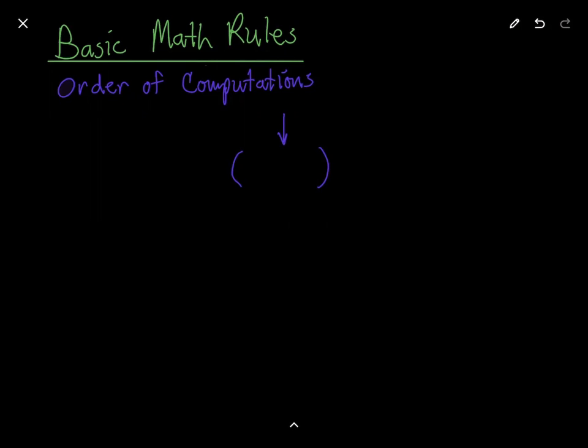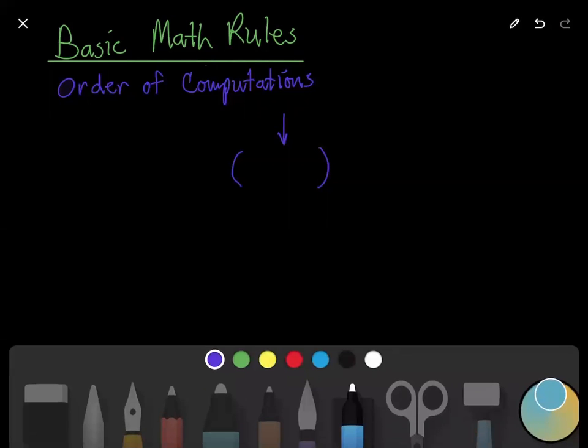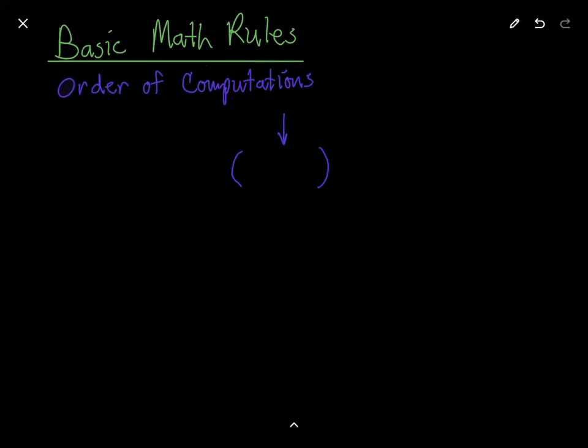So for example, if I had 4 times (7 minus 2), and I needed to figure that out, it's very important that I do what's inside the parentheses first, because sometimes you want to force people to do something that is outside of the order of computation that's set in the rules that we'll talk about in just a second.